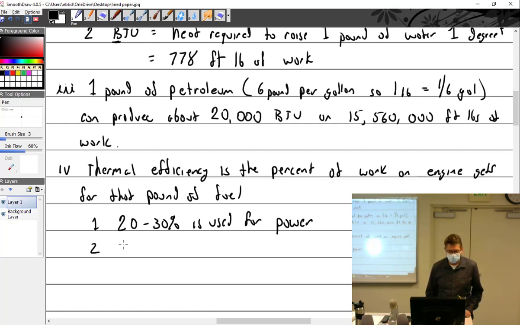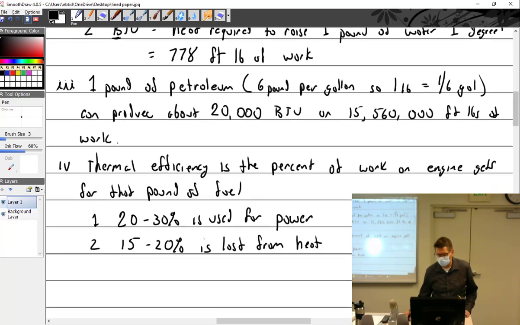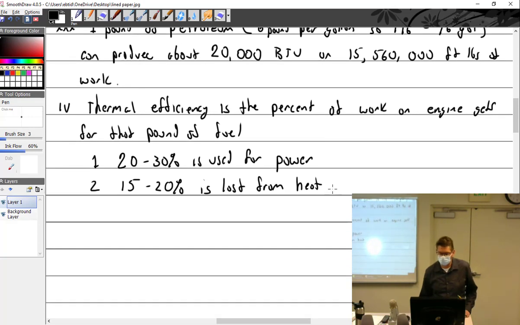About 15 to 20% is lost in heat radiated from cylinders. Another 5 to 10% is friction loss.